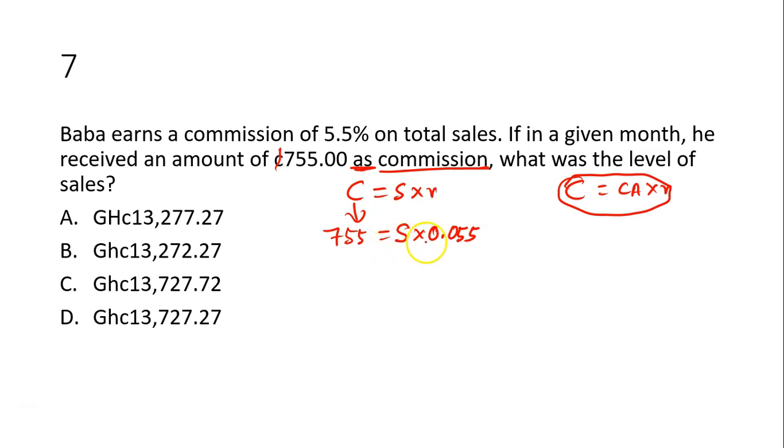Now, we are interested in making S the subject, isn't it? And there is a multiplication sign between S and 0.055.